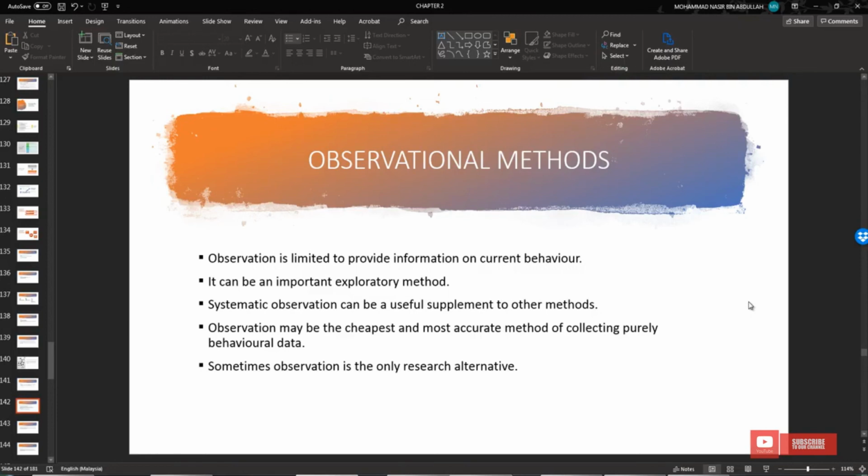It can be an important exploratory method, so when you do exploratory research, this is an important exploratory data collection method. Systematic observation can be a useful supplement to other methods. Observation may be the cheapest and most accurate method of collecting purely behavioral data. Sometimes observation is the only research alternative.